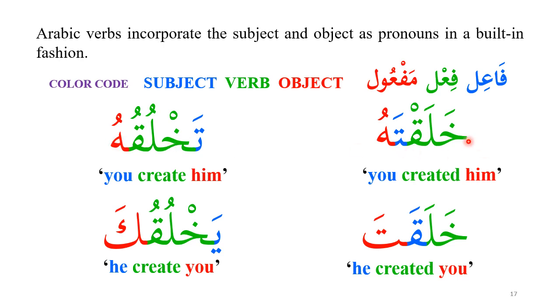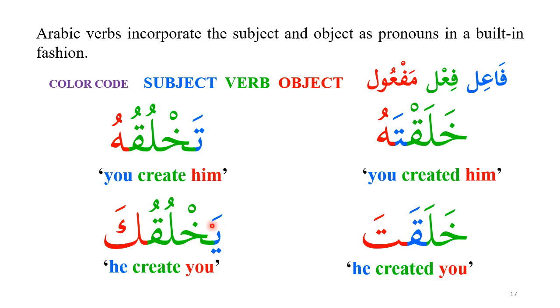But in the past tense, the verb is already done, the action is done, so it is brought first, and then the subject, and then the object. Very, very intelligent. Similarly, you can say khalaqaka, which would mean he created you, because ka means you and hu means him.